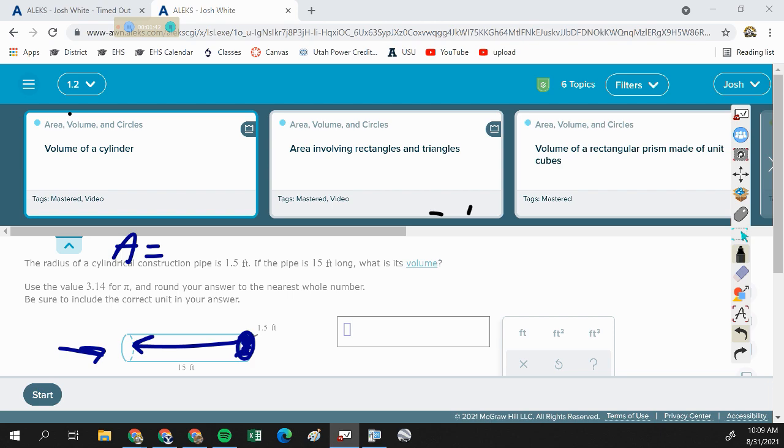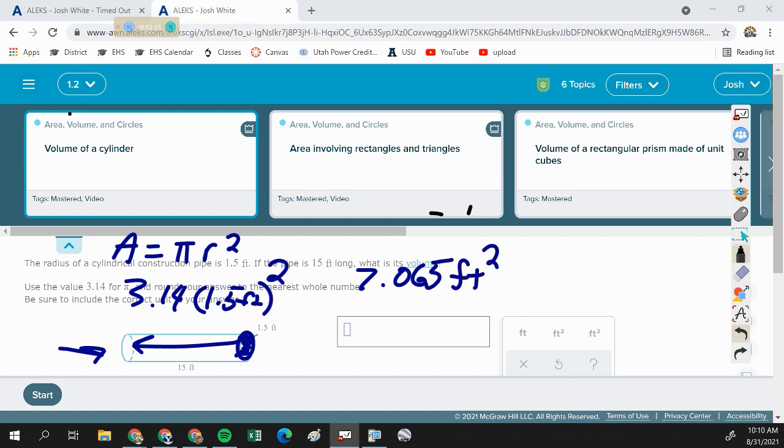So area is pi r squared, 3.14 times 1.5 feet squared. 3.14 times 1.5 squared is 7.065 square feet.